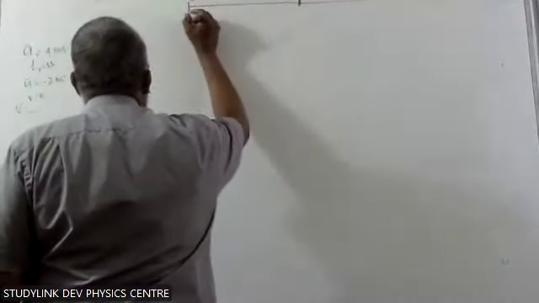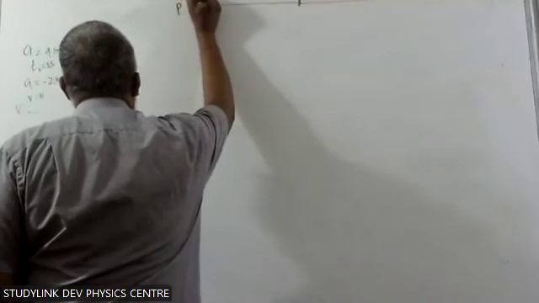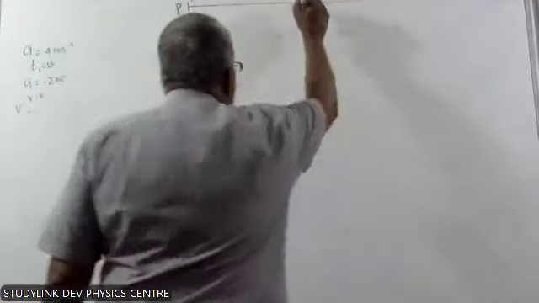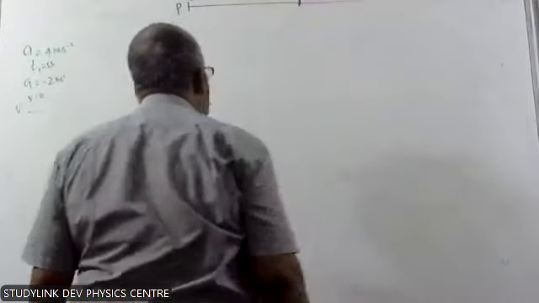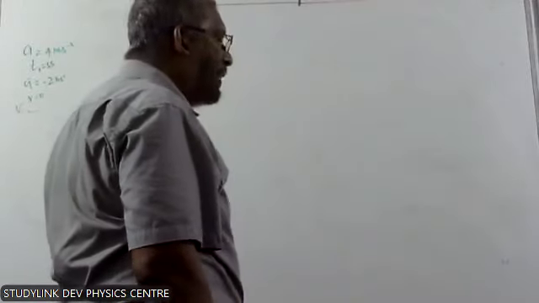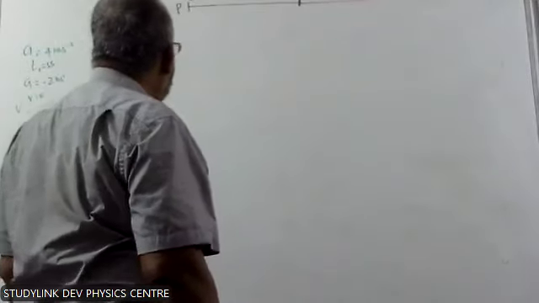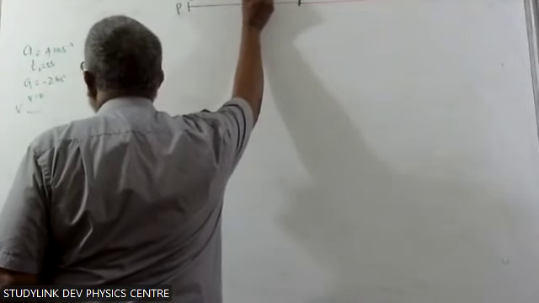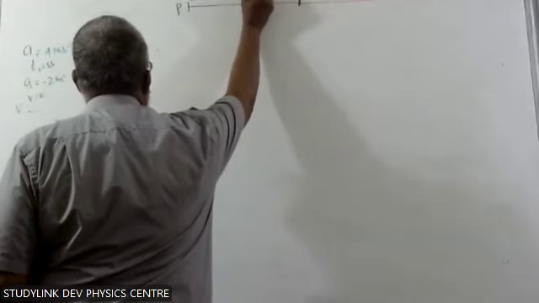Now, for this, U is equal to 0. Then V is equal to V1. Earlier we considered just V, now I'm giving a different symbol, V1. Then time taken for this is T equal to 5 seconds.